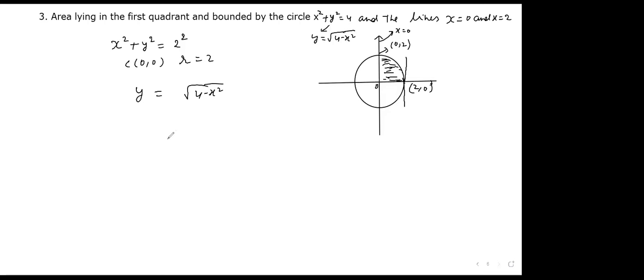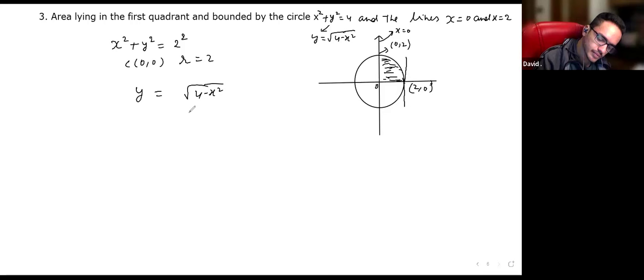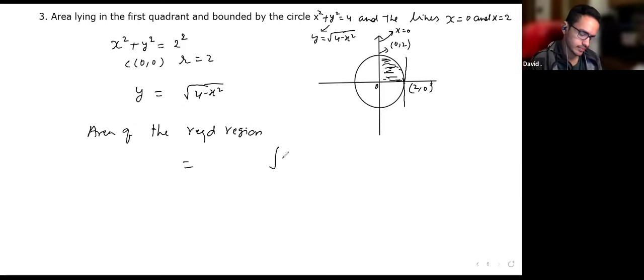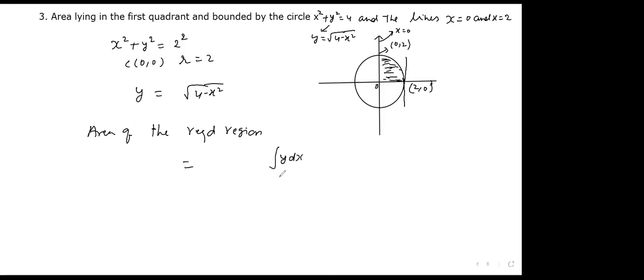Now we can find the area of the required region. Required region means first quadrant only. It will be the integral of y dx from 0 to 2.